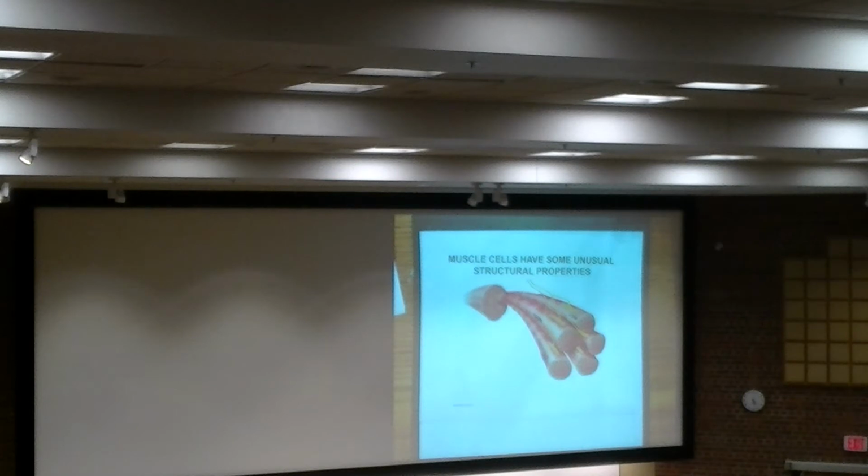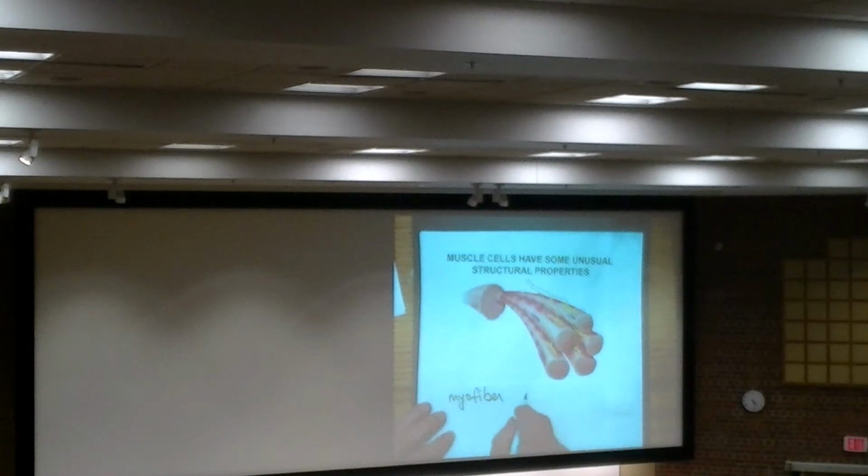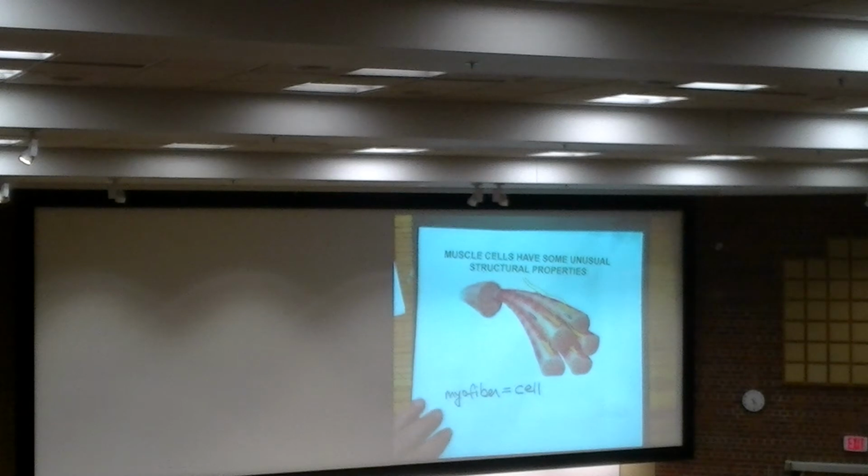Okay? Muscle. This is a whole muscle. Each muscle has probably thousands of very long, thin fibers called myofibers. And a myofiber is essentially the cell structure in the muscle.